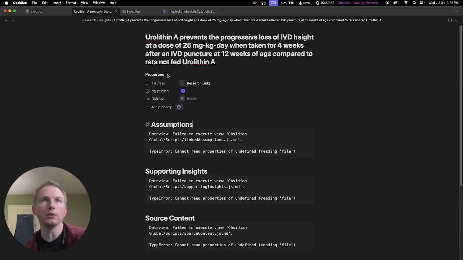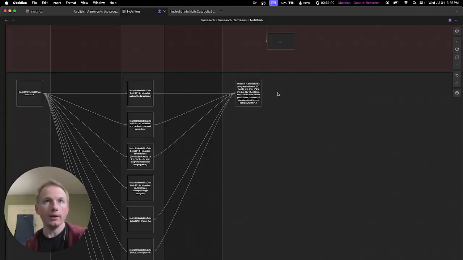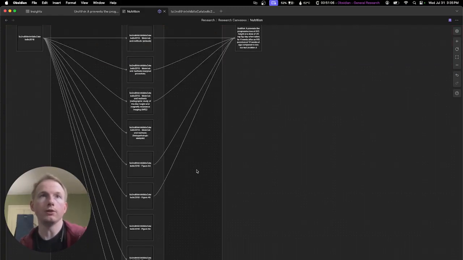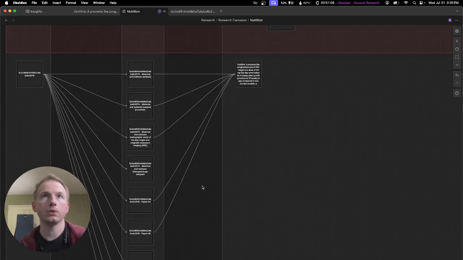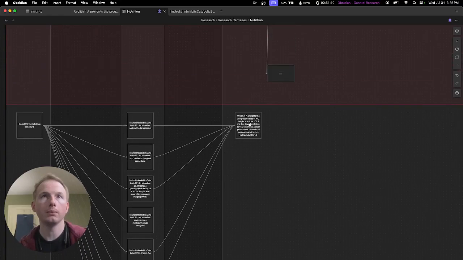Where am I? I keep getting lost. All right. So I don't think I need the histopathologic analysis. That would look like figure 6. So that is one insight. And while I'm working on this insight, I need to log that assumption.